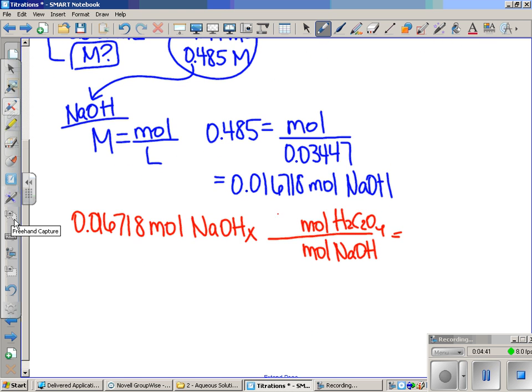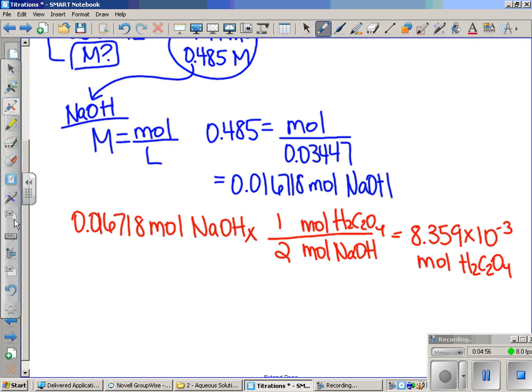And I need my coefficients for that. So I look back up. I've got a 1 for the acid and a 2 for the base. So I'm going to divide that and find that I have 8.359 times 10 to the negative third moles of H2C2O4. So that's my moles now of my acid.